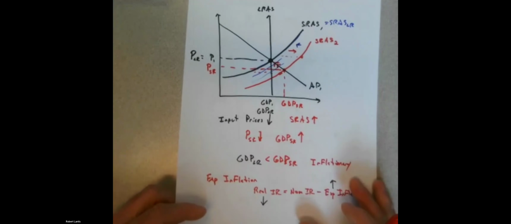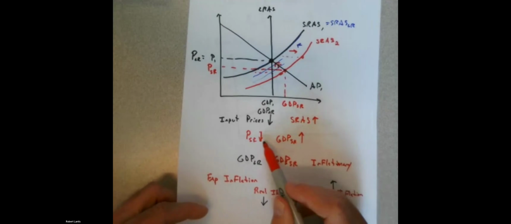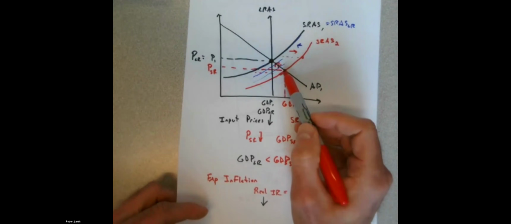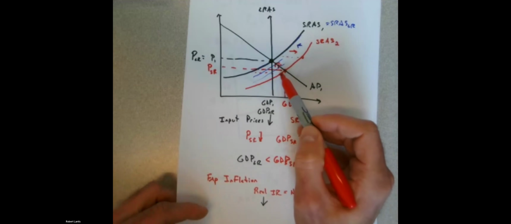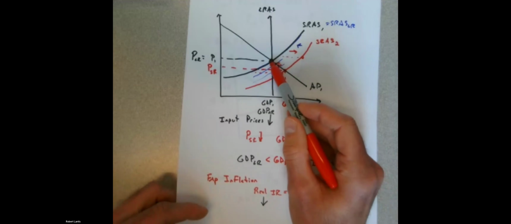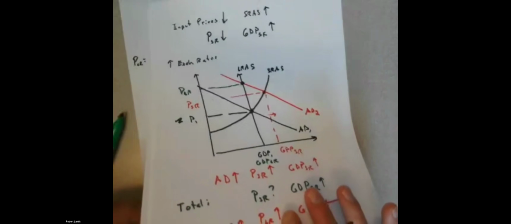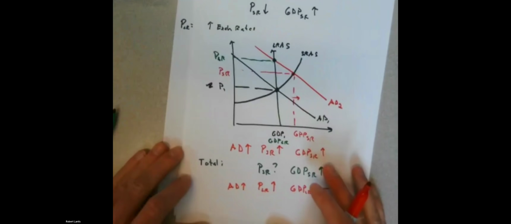Now, if we go back to just our short run aggregate supply change, the short run prices and GDP will be out here. But in the long run, once again, there's no change in prices and no change in long run GDP. So if we think about the long run, what is that impact going to be?